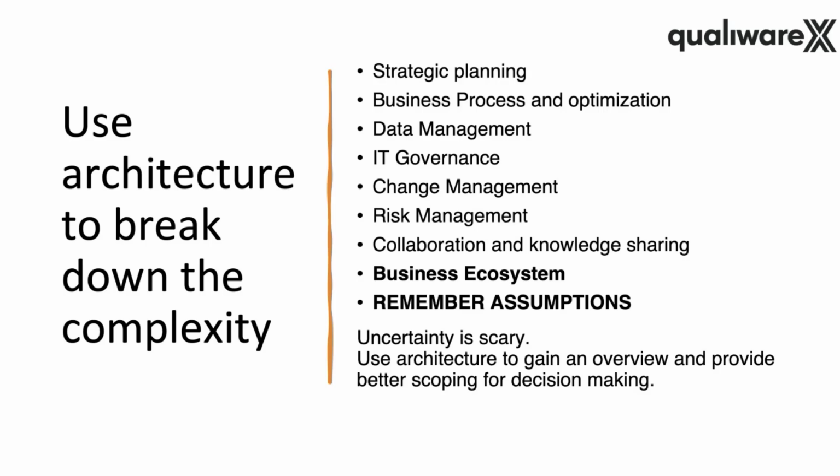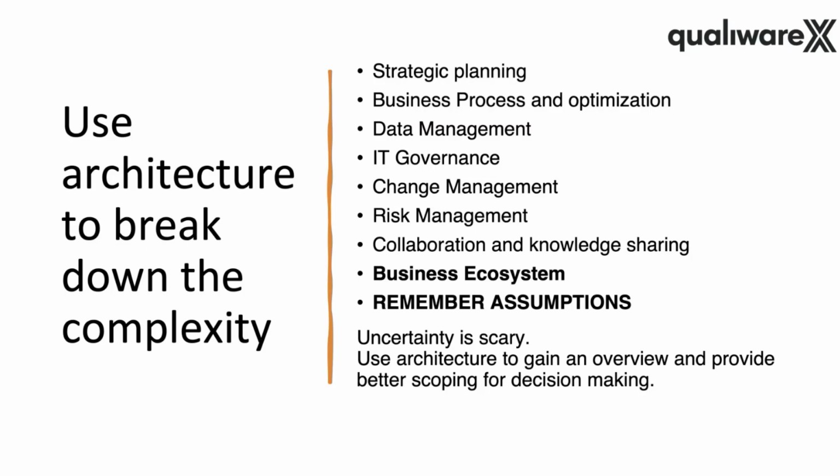And one of the strengths of building all these models is the ability to break down the complexity and make it easier to actually make decisions in the organization. So the 7th bullet here, collaboration and knowledge sharing, is one of those key things that you need to remember.